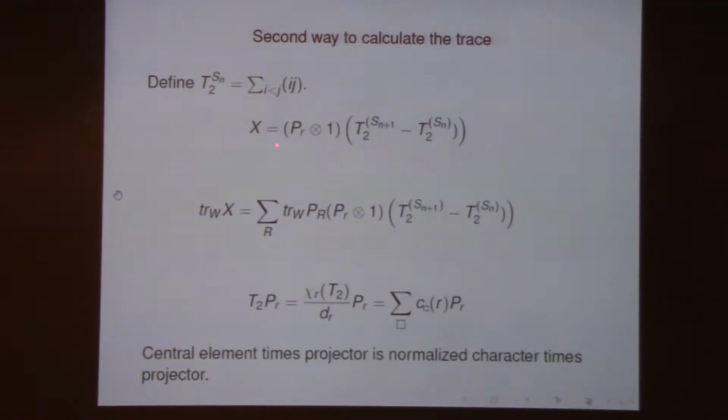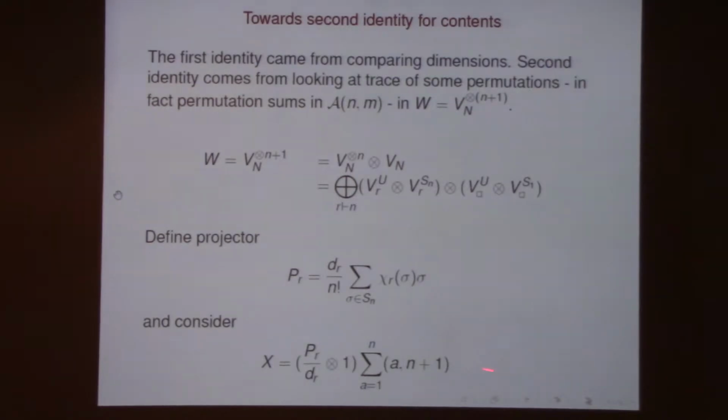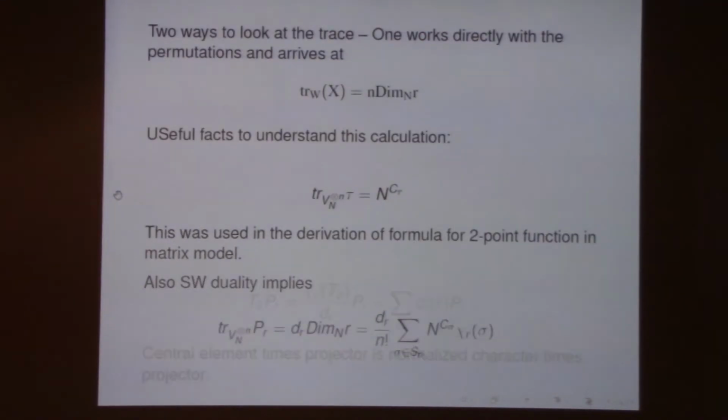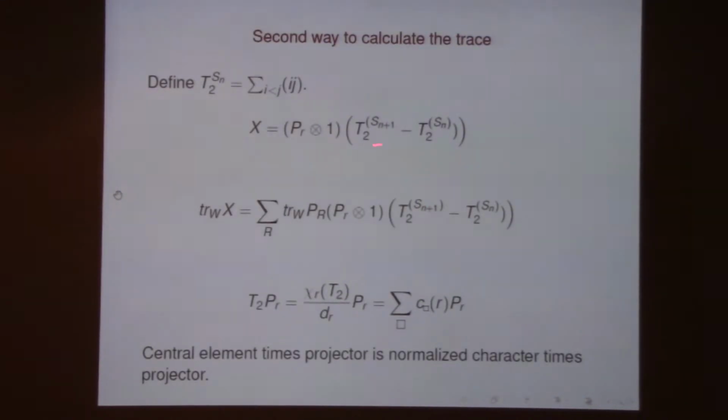The other way is to take the same object x, which is a projector times the sum of permutations. You can recognize that sum of permutations as a difference of these T2s: the sum of all swaps in Sn plus 1 minus swaps in Sn. So that's the element we chose.